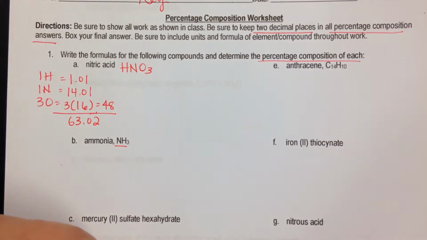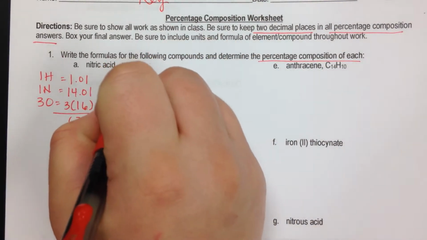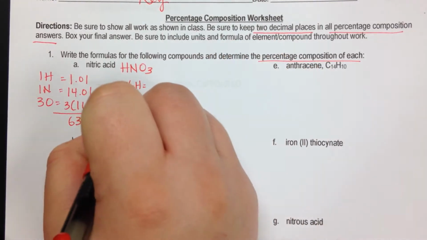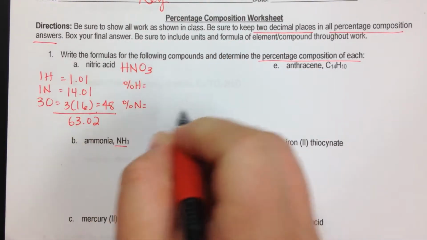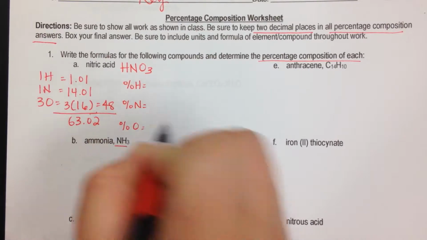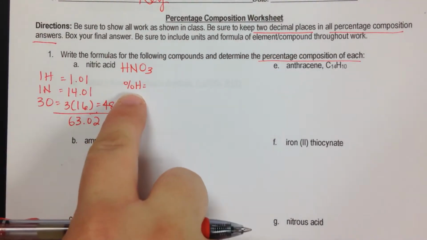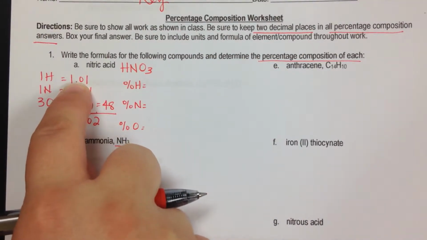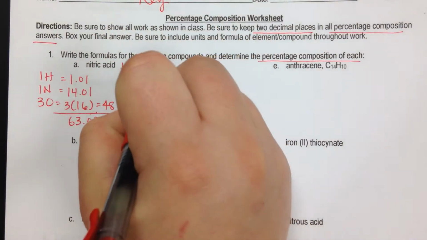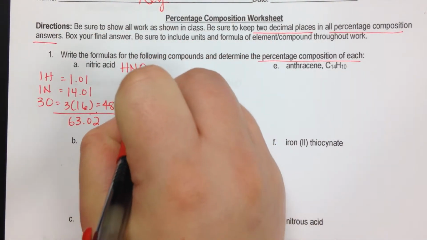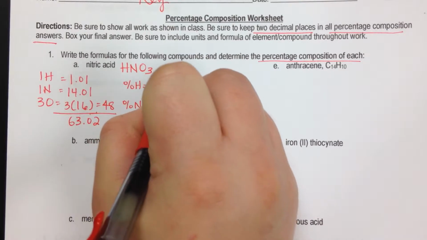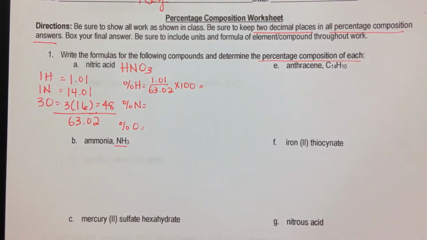Now when we find the percent composition of each element, we're going to find the percent of hydrogen, the percent of nitrogen, and then the percent of oxygen. Okay? When finding hydrogen, we want to take the mass that hydrogen contributed to this total. So 1.01 divided by 63.02 and multiply it by 100.